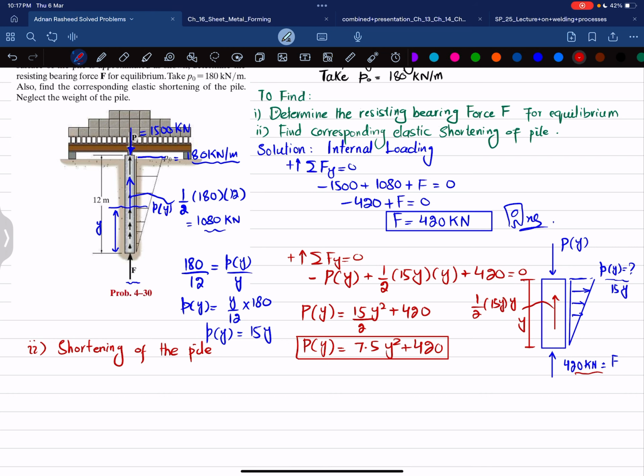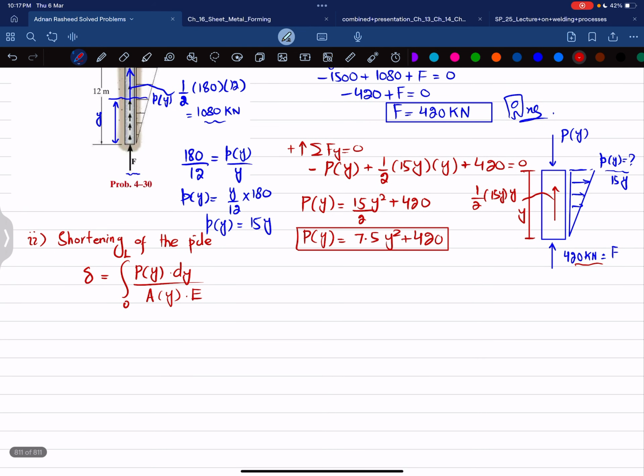We know that this change in length is equal to P, the normal force in the pipe, multiplied by the differential length over area into E. And if you integrate it from 0 to L, you can find the total change in length. So from 0 to L is 12 meter, and P of y is 7.5 y square plus 420 kilonewton.